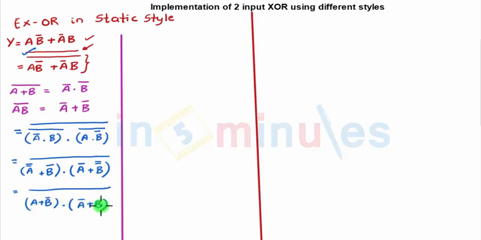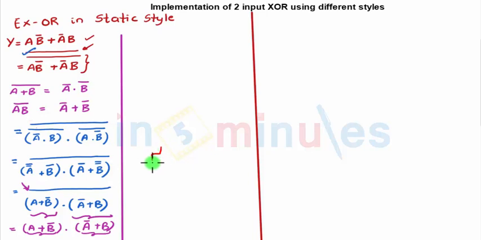So I've got an expression underneath the bar which is nothing but (A plus B bar) into (A bar plus B). So let's hide this bar, and whatever is below the bar, let's write it, and that is nothing but my pull down network. So this is the first term, this is the second term. Let's implement this. The first term is A plus B bar. Plus means parallel and pull down.